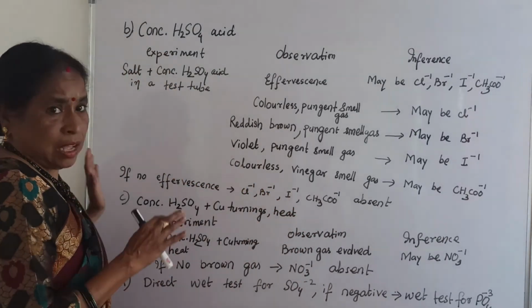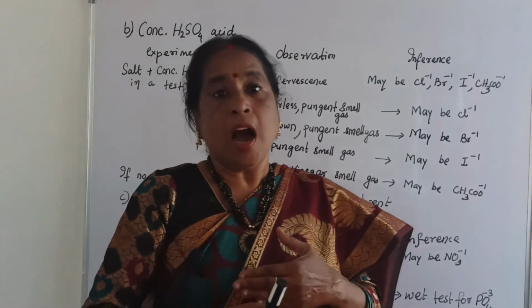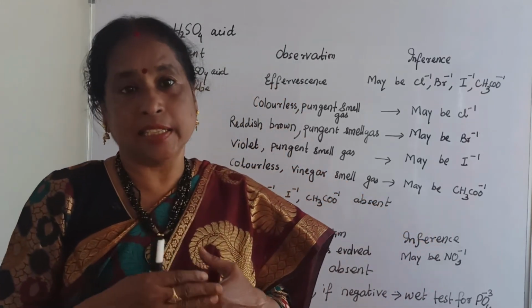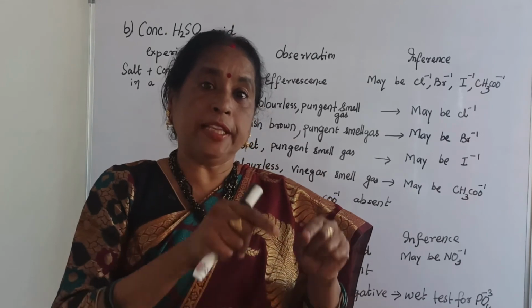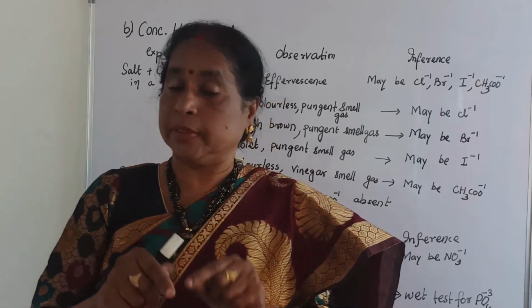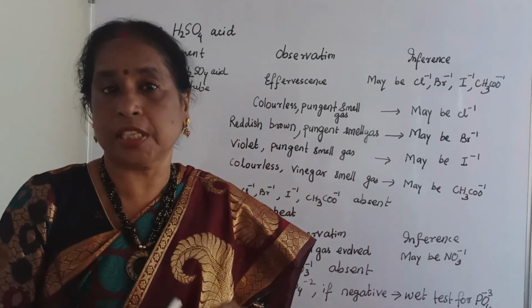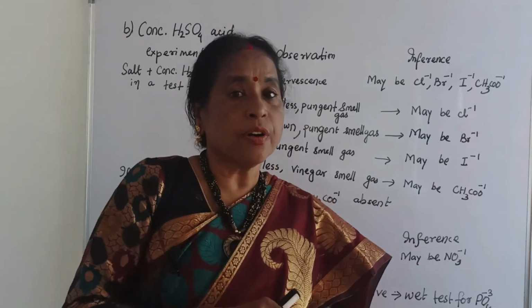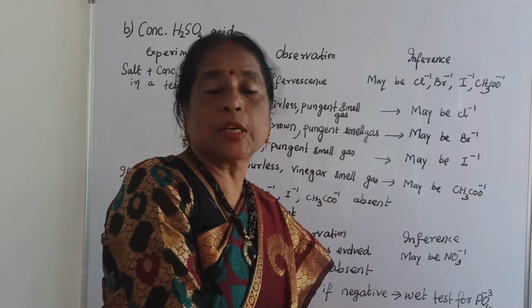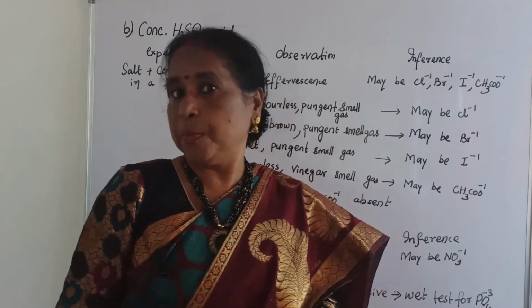I think the first part of the acid radical analysis is clear: how to proceed, how to say it may be this type of acid radical, and after that only you can do the confirmed test or wet test of that particular acid radical. I hope it is clear.